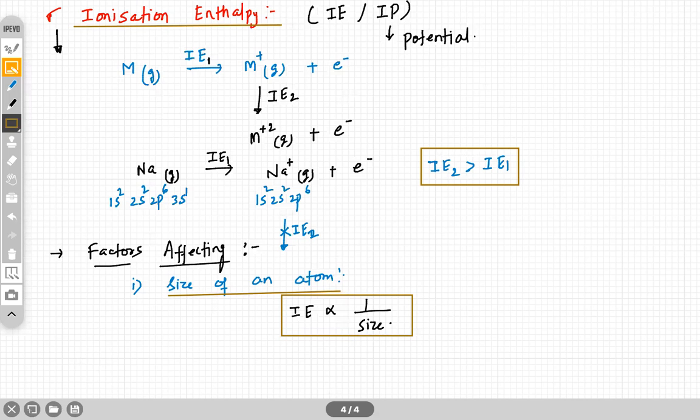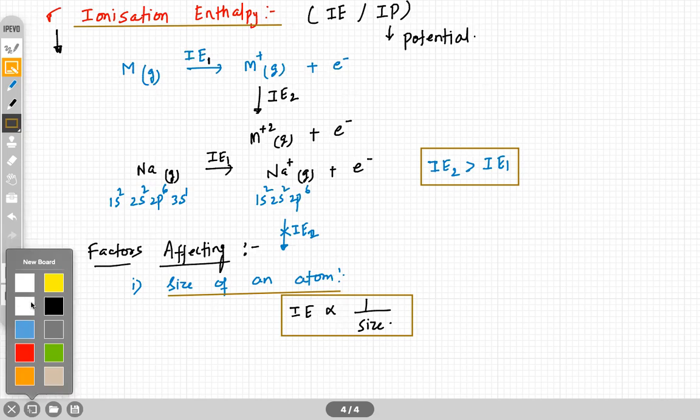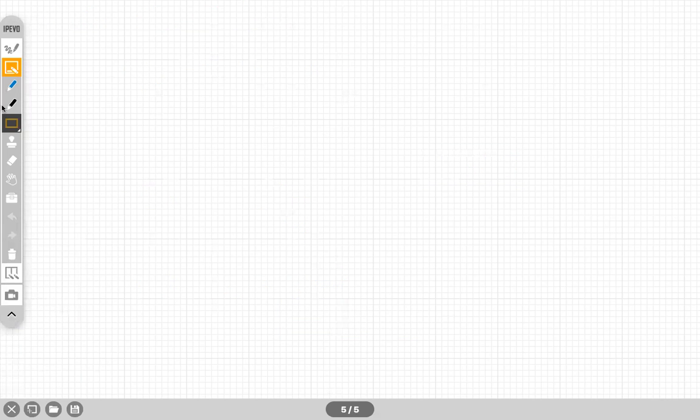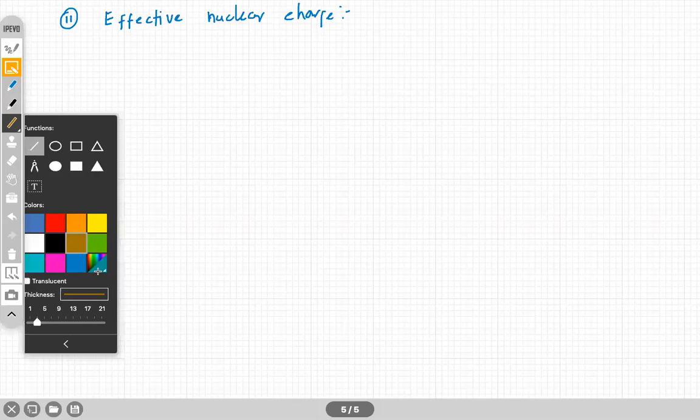Now the second factor, write down: effective nuclear charge, Z effective. Could you tell me the relation of effective nuclear charge with ionization energy?